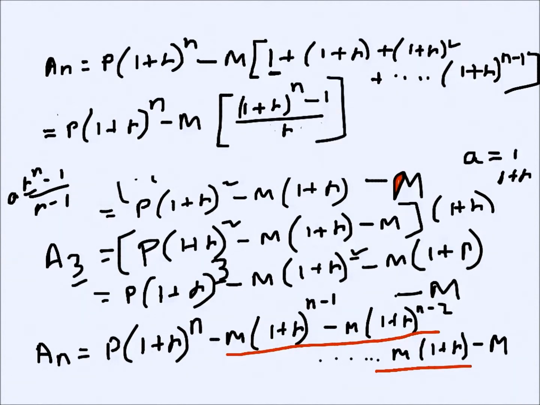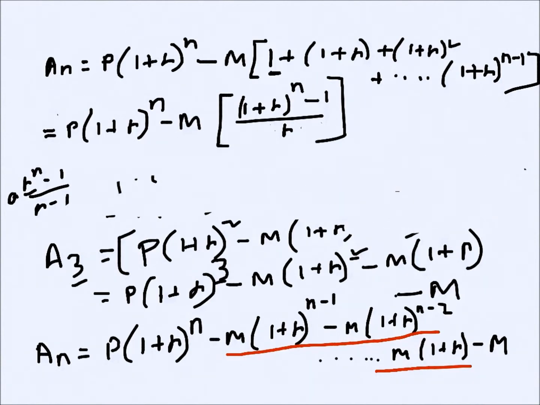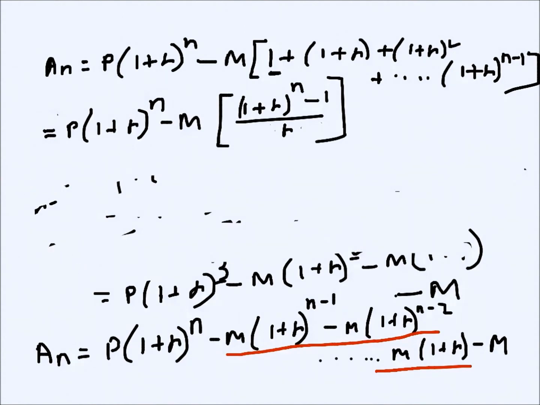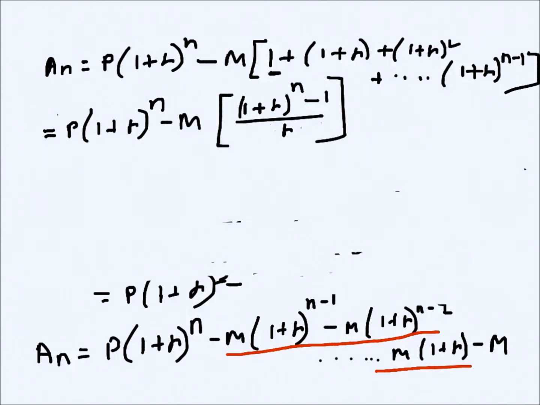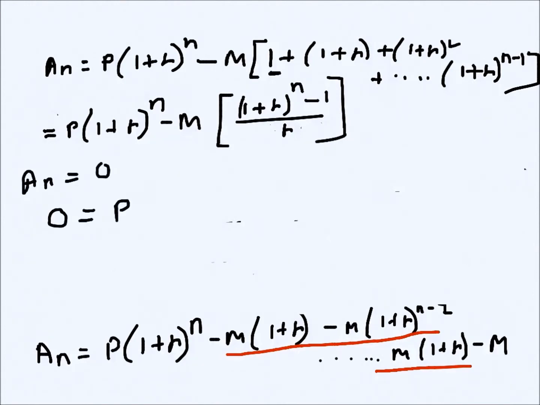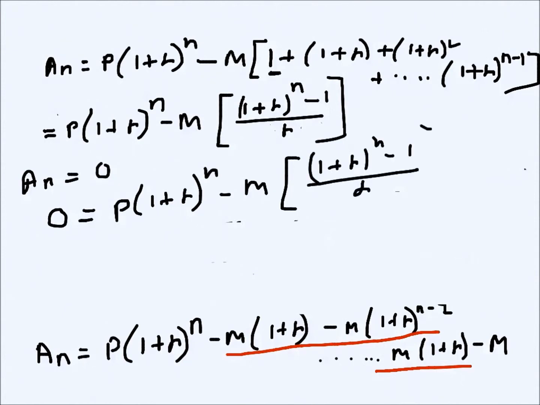And sometimes there can be a question asking how much time the person needs to repay the whole amount. In order to do that, when the person owes nothing, the amount owed will become 0. So the left hand side is 0, and it becomes something like this, and then r here.